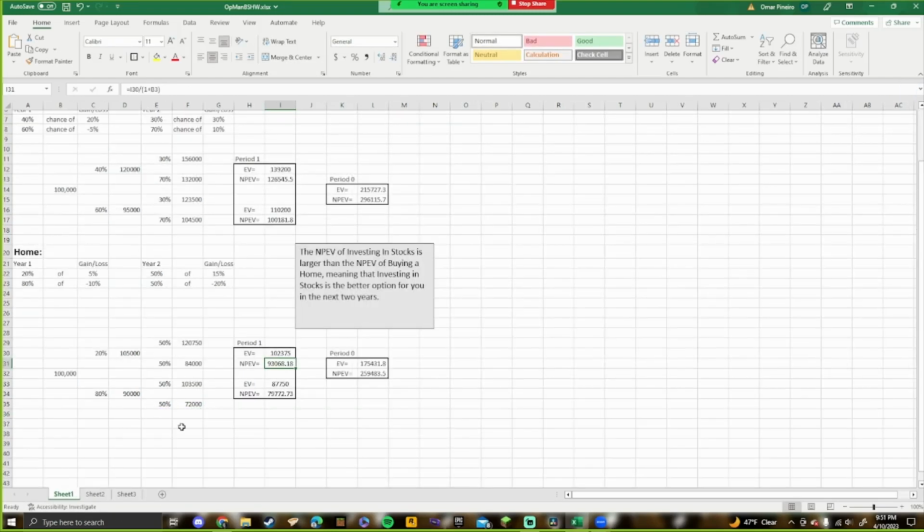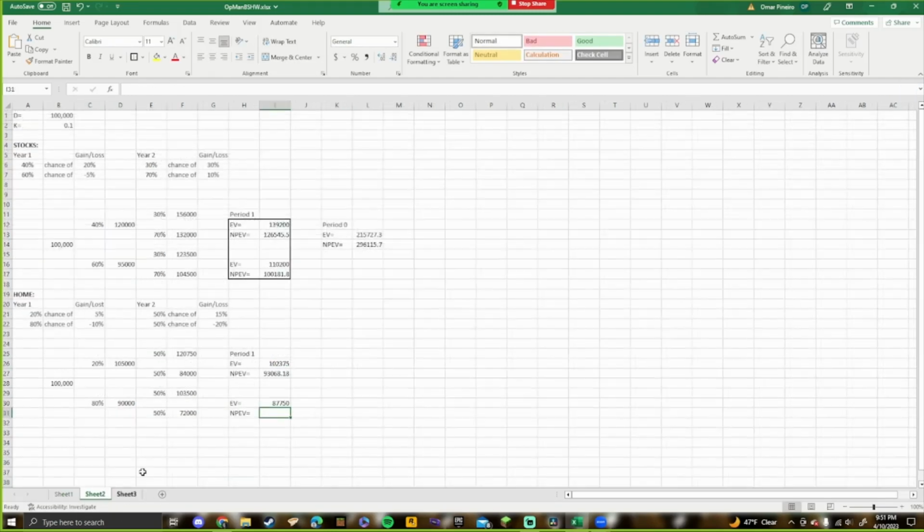Boom. Your EV. And now remember what the NPEV equation is. It is your EV divided by 1 plus your K value. Boom. That is your NPEV value for both period ones.